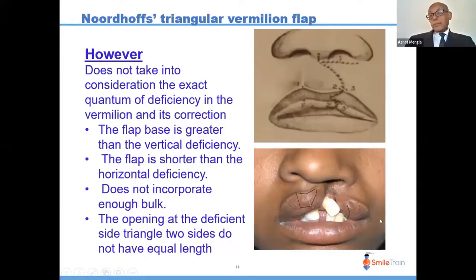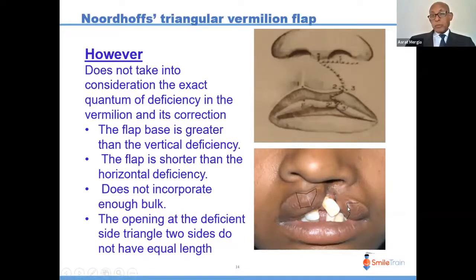And the other thing I was not very comfortable with was, if you see the opening here on the medial aspect, the two sides of the triangle are not equal. Whereas the Noordhoff triangle, which is to be inserted in this, is an equal-sided triangle.